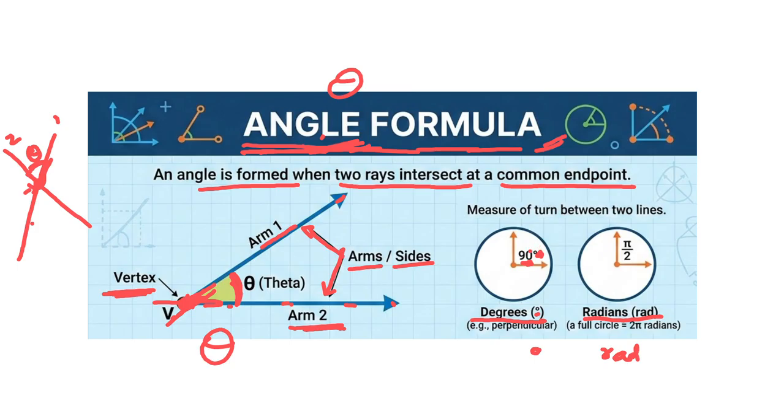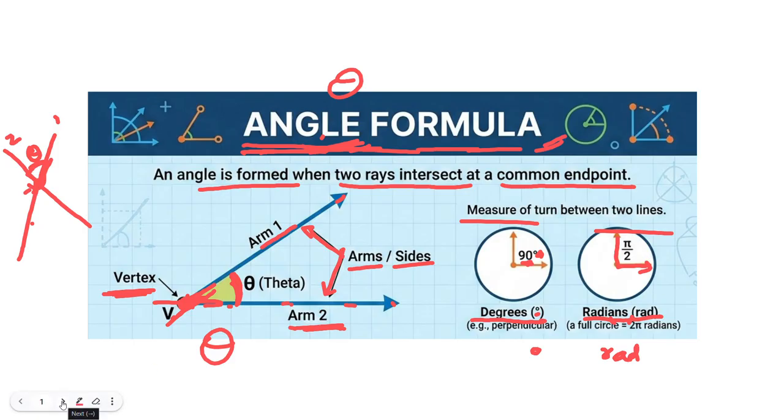Radian uses pi, like 2 pi radians, and that is the radian representation. So these are the two ways of measuring the angle between two lines. This is the basics.